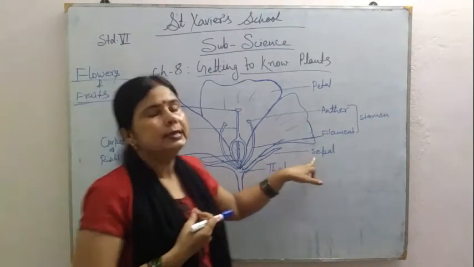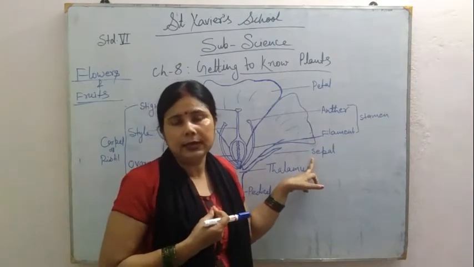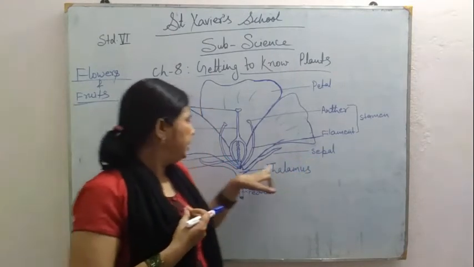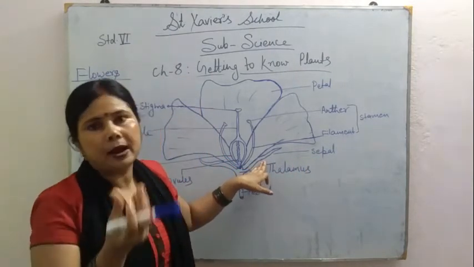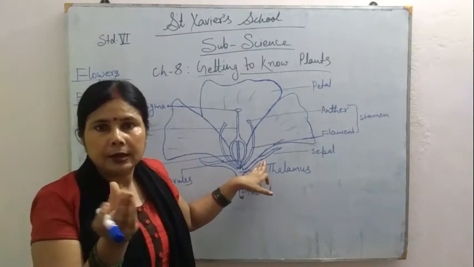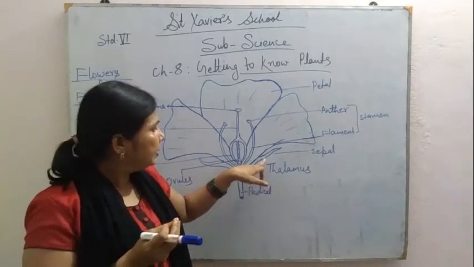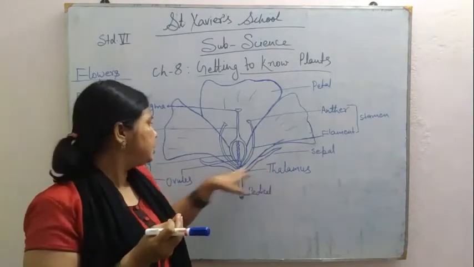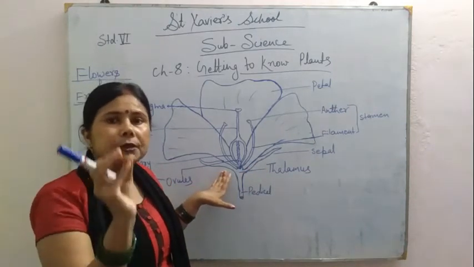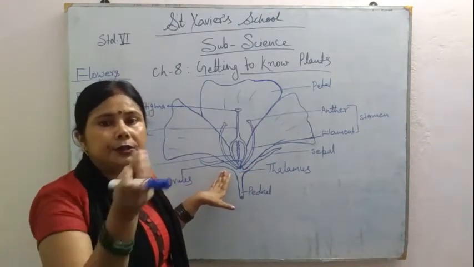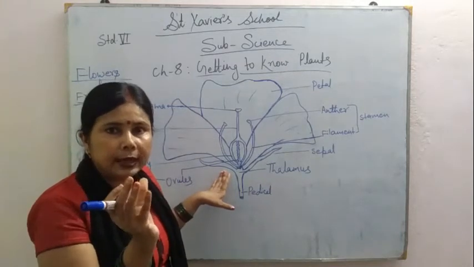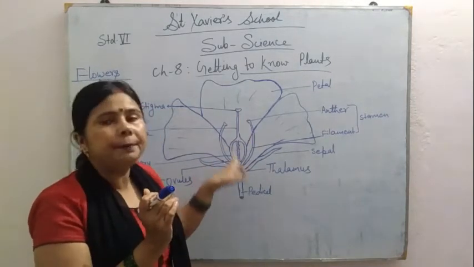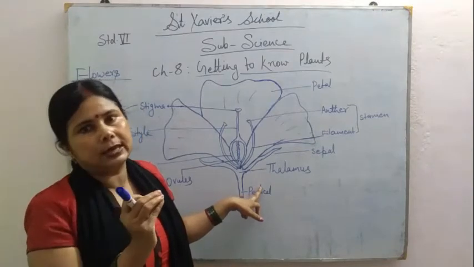These are called sepals. क्या बोलते हैं उसे? Sepals बोलते हैं. And this is the outermost whorl, ring of the flower, and these sepals protect the flower while it is a bud. Bud जब होता है तब ये sepal इसके different parts का protection करता है.